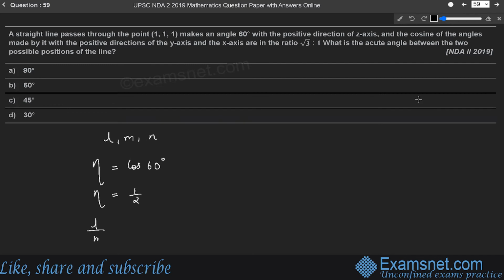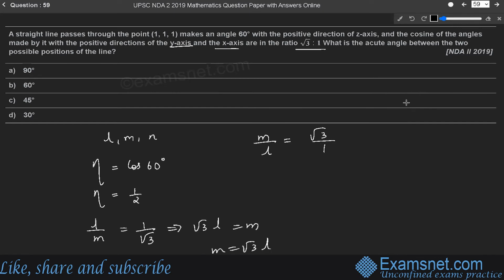Therefore, L upon M is equal to 1 upon root 3, since it is given that the ratio of y-axis and x-axis is root 3 is to 1. So, M upon L is root 3 upon 1, which is cos beta upon cos gamma. So from here we can say that root 3 into L is equal to M, or M is equal to root 3L.